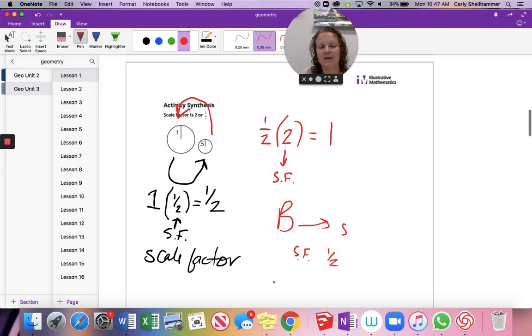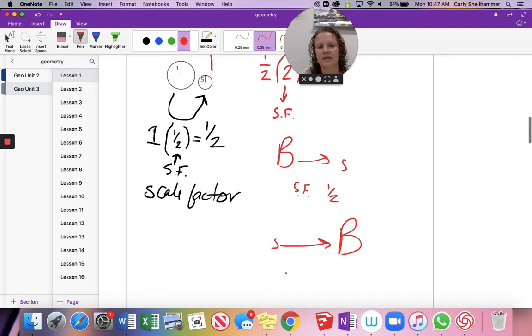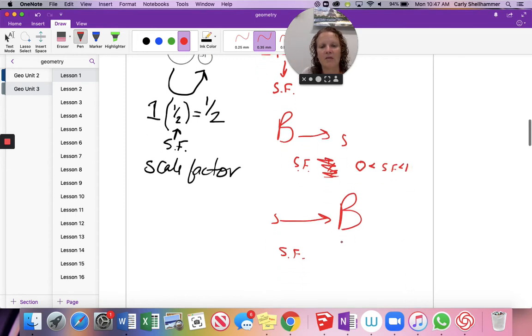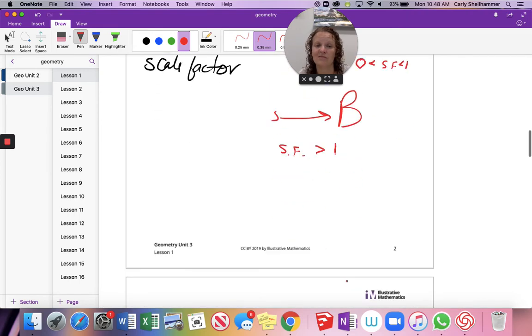When I'm going from smaller to bigger, my scale factor, well, we're not going to do that. We're going to say my scale factor is between 0 and 1. And when I go from smaller to bigger, my scale factor is greater than 1. All right, rule of thumb.